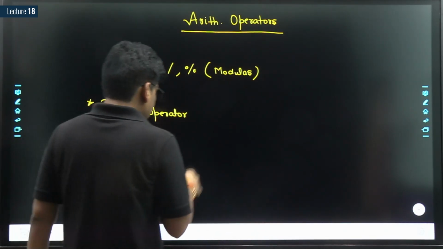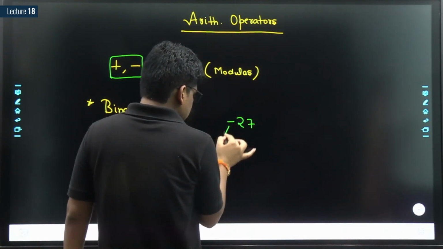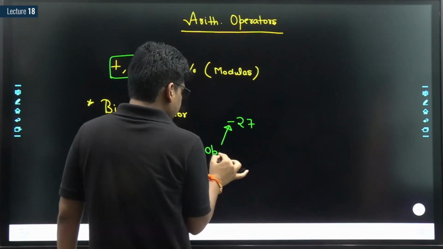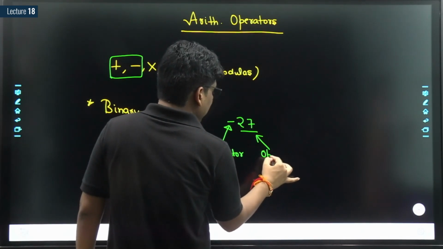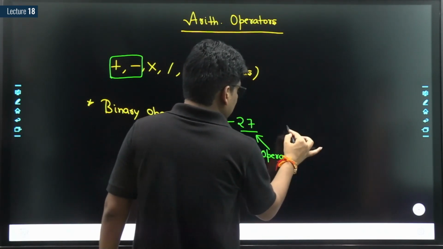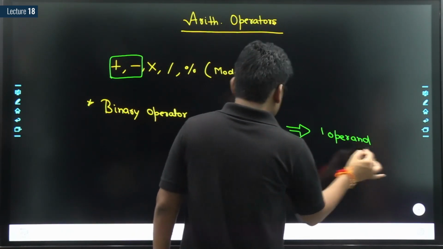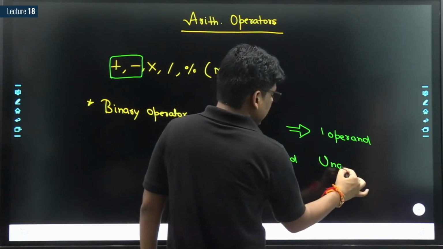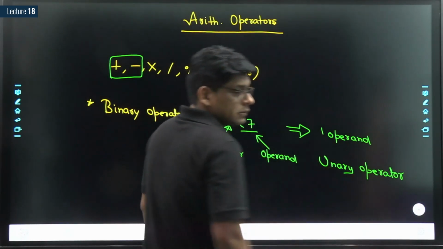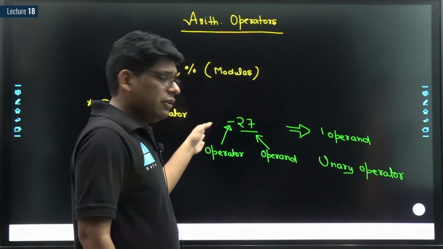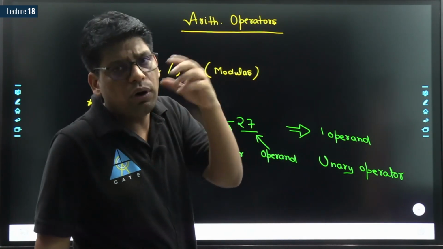In mathematics, if you write something like this, sir, what kind of operator is it? This is our operator and this is our operand. How many operands is it using? Only a single operand. That means here this minus is working as a unary operator. It is only used to change or represent the sign of some constant or value.